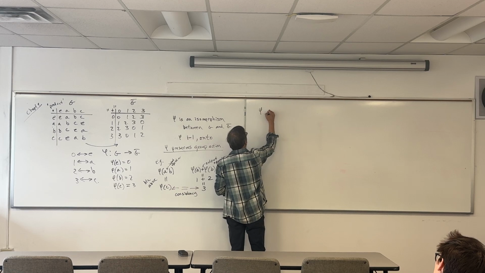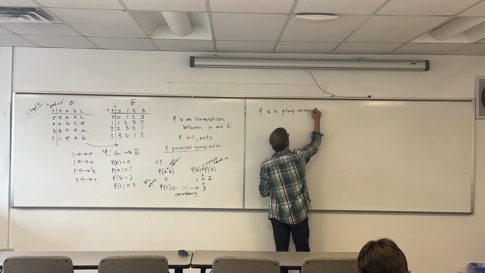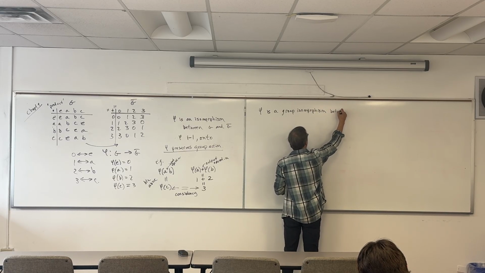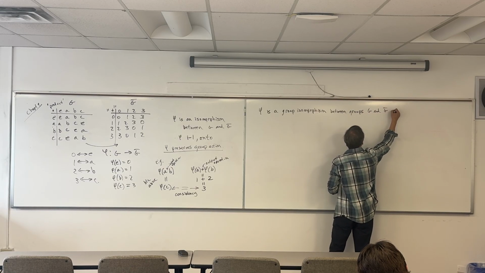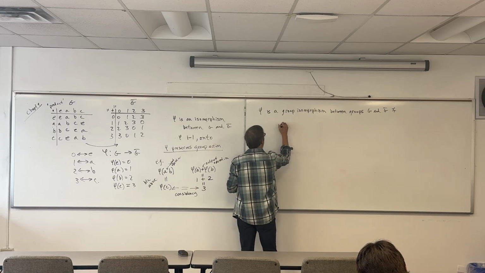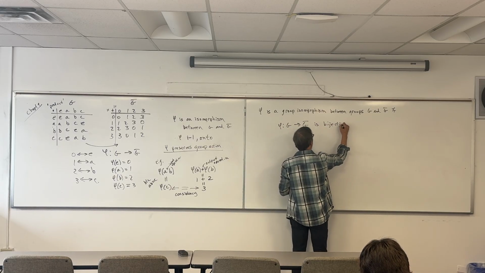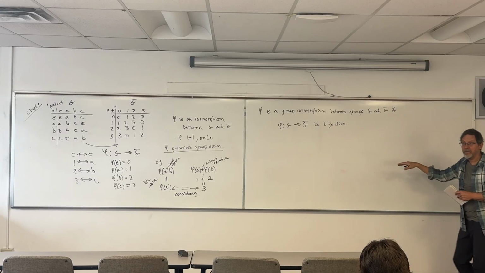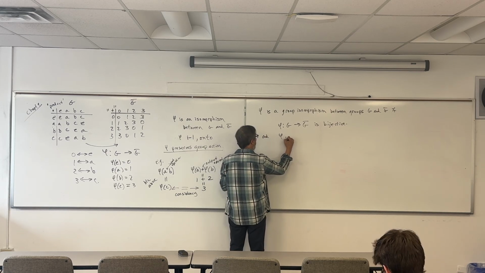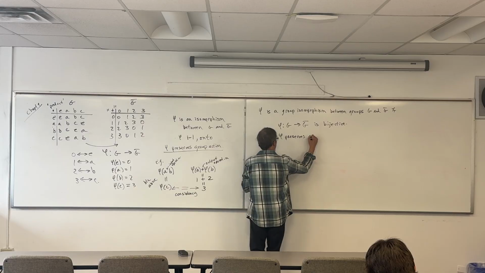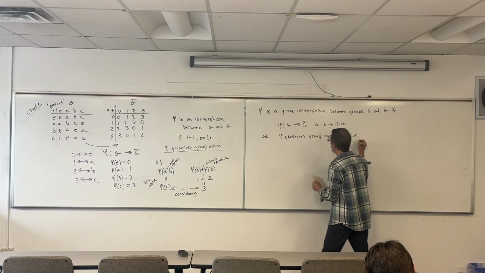So we say phi is a group isomorphism between groups, and you have to have groups for this, G and G bar, if phi, mapping from G to G bar, is bijective, meaning 1 to 1 and onto, and phi preserves group operations, i.e., what do I mean by that?